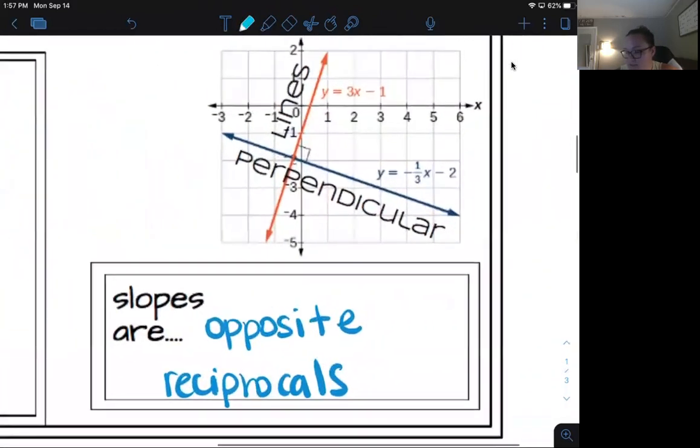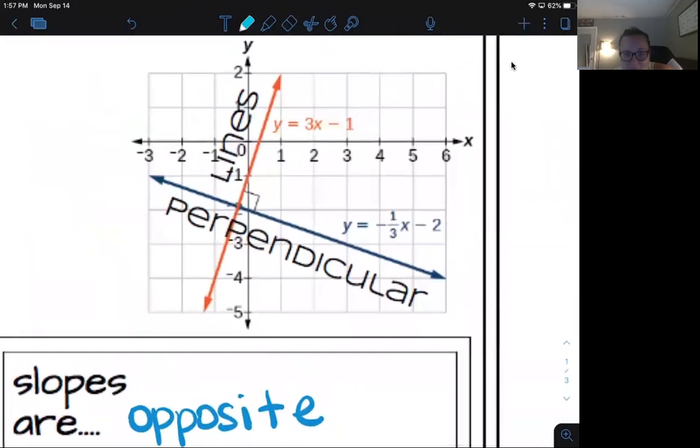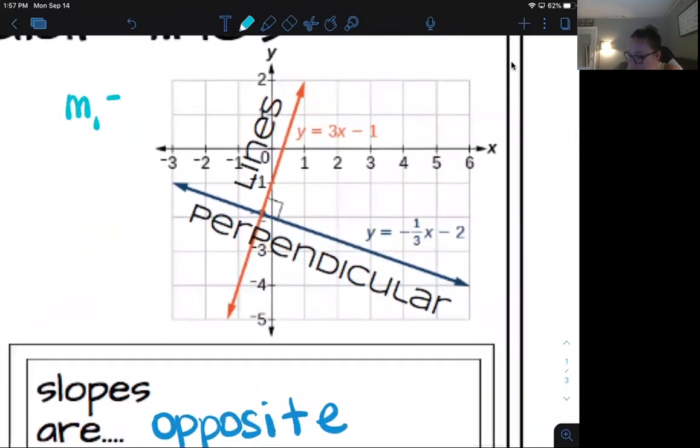Let's talk about this example. We have a line that says y equals 3x minus 1, and y equals negative 1/3 x minus 2 is the other line. As you can see, the slope of line 1 is 3 and the slope of line 2 is negative 1/3. 3 and negative 1/3 are opposite reciprocals, so these are perpendicular lines, and we know that these two lines intersect at a 90-degree angle.